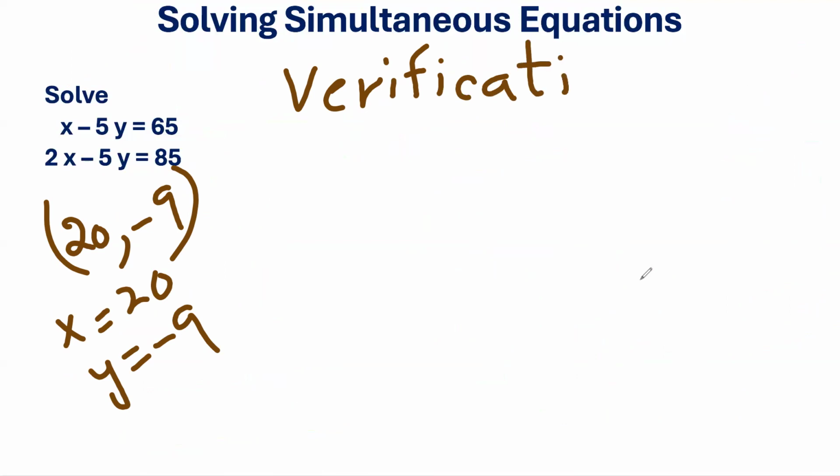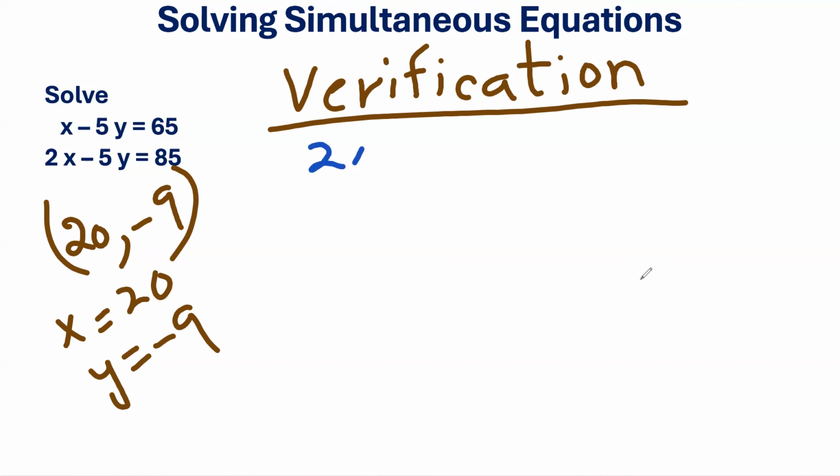You can verify from equation 1 or from equation 2, it's up to you. So let's take equation number 2. Equation number 2 is 2x minus 5y equals 85.